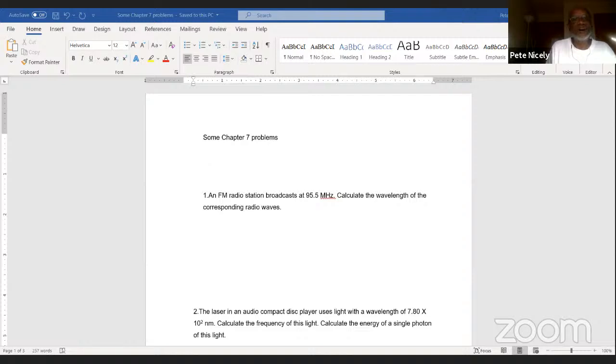Now c is always going to be 3.00 times 10 to the 8 meters per second divided by the wavelength, which is 1.0 centimeters, but we have to convert that to meters. So we're gonna have 100 centimeters down here, 1 meter up here. Centimeters will cancel out, the meters will cancel out, so your final units will be seconds to the -1 or hertz.